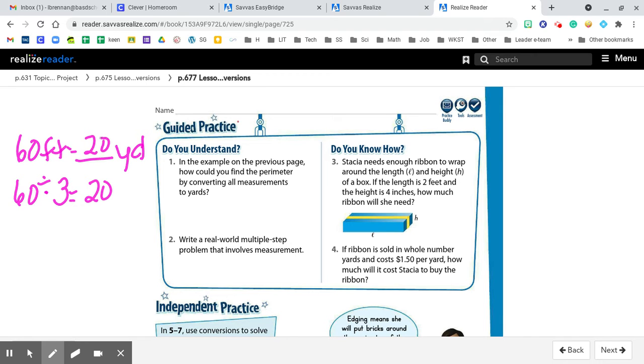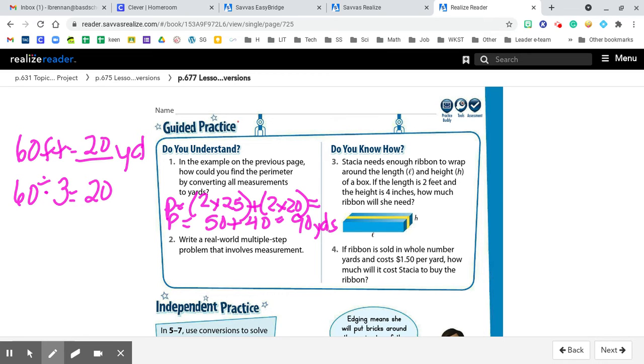So our perimeter would equal 2 times 25 plus 2 times 20, which equals 50 plus 40, which equals 90 yards.